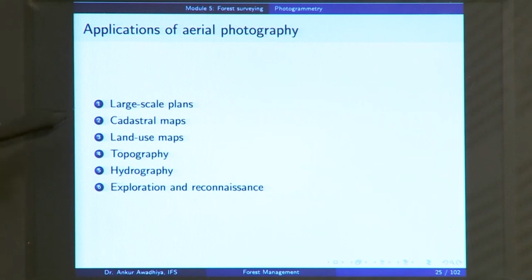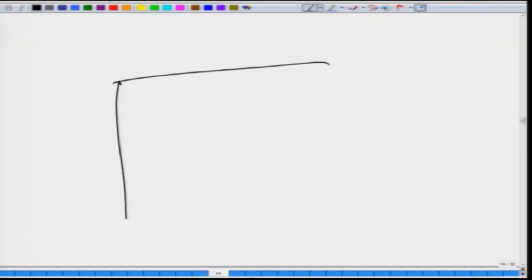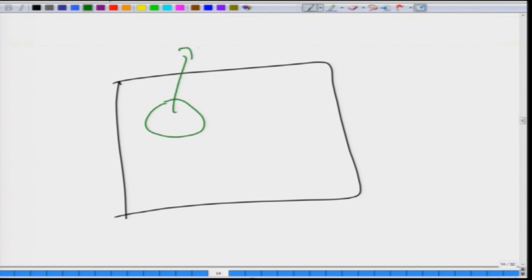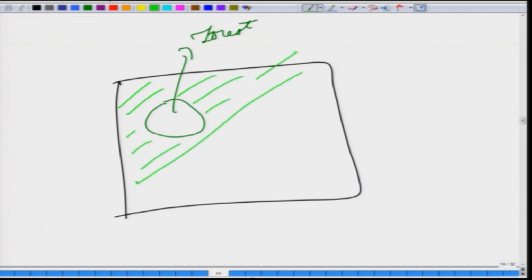You can use it for land use maps. A land use map is a map in which, say, you are constructing this map and you say that this area is a forest, and this forest is surrounded by fields. So, this is an agricultural land use. Then you also have a water body here.